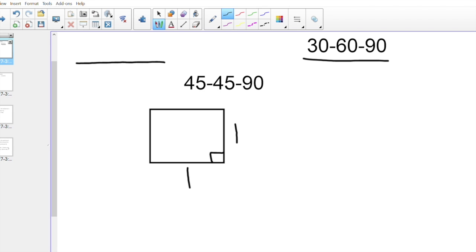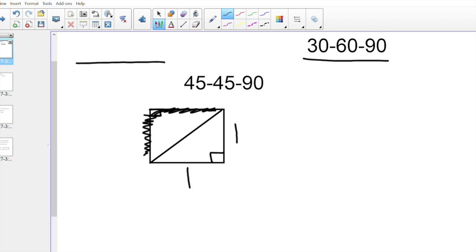Now, to make this, we're going to draw the diagonal. That makes us have 2 right triangles. So we don't need 2. We just need 1.